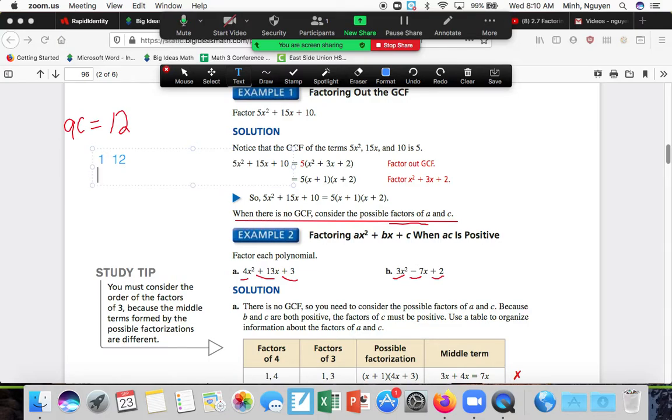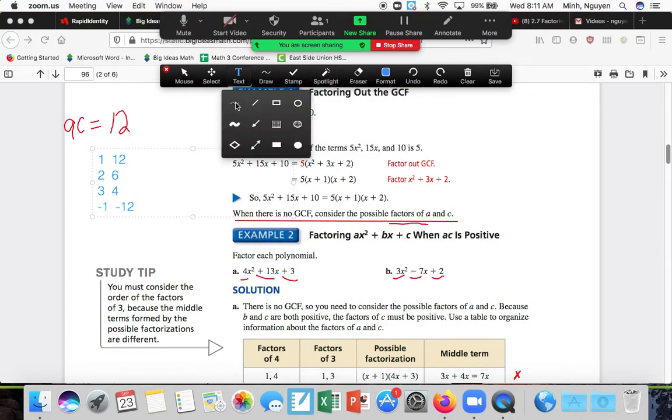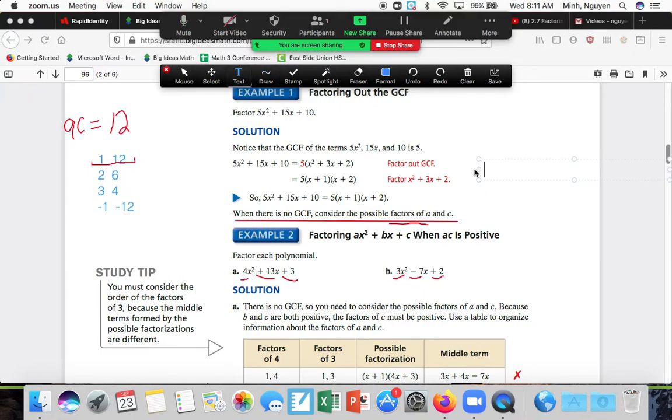But if the middle term was not 13, then I would have to keep going, like 2 and 6, 3 and 4, -1 and -12, and so on and so forth. But since it neatly adds up to 13, I could just stop right here. And I'm going to rewrite this problem using these two terms: 4x squared plus 12x plus 1x, which is the same thing as x.